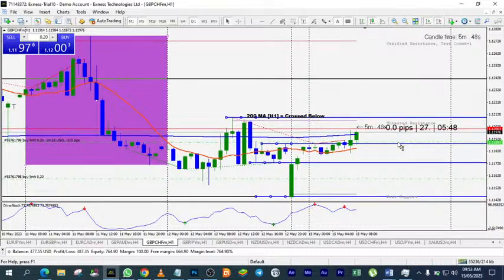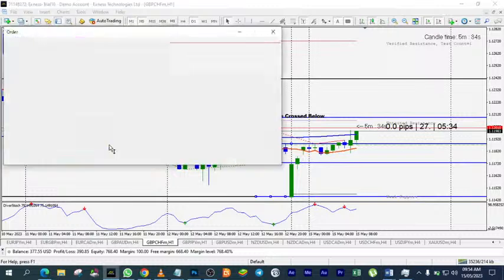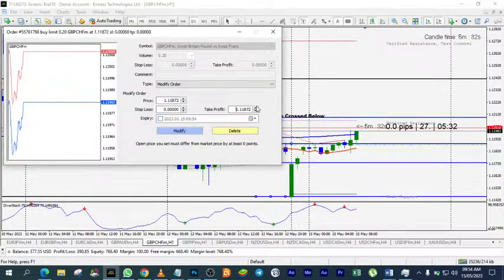You still have the Europe session coming up and all of that, so I'd rather have my buy stop limits over here, and then my take profit will be somewhere around there. So let me just set up my stop loss and take profit on this particular trade.